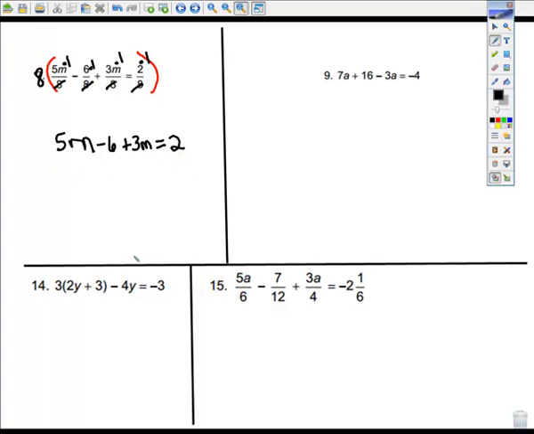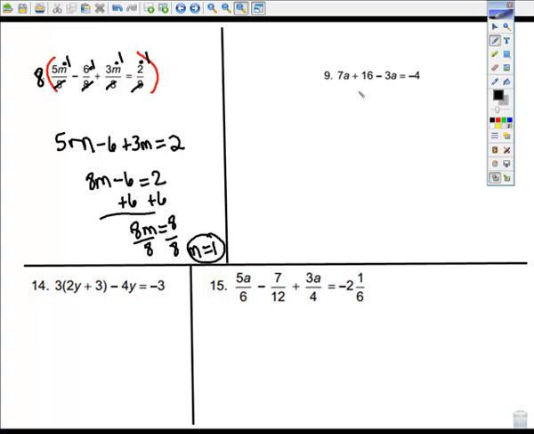So now I've eliminated all of the fractions, all the denominators, and I can do just like I did on the last page. 5m plus 3m is 8m, minus 6 equals 2. I add the 6 to both sides. 8m equals 8. Divide both sides by 8, and m equals 1.